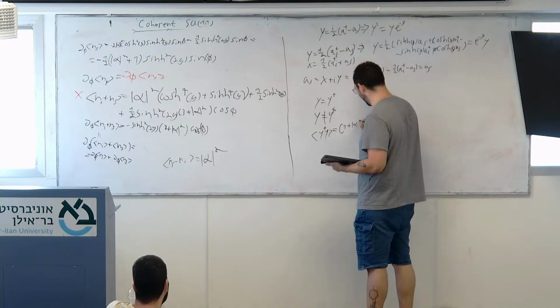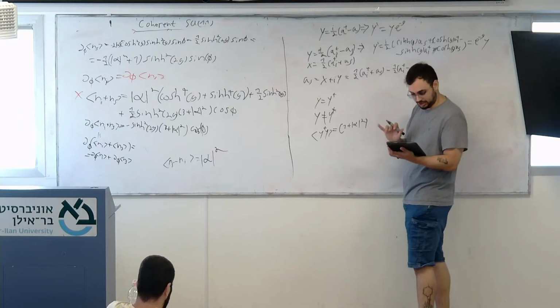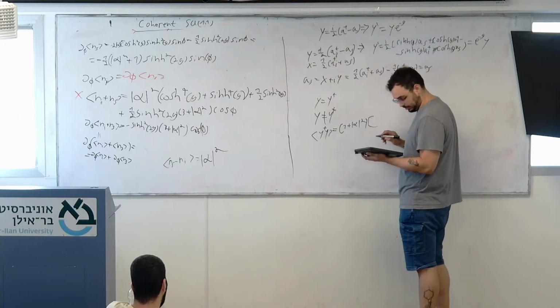1 plus absolute value alpha squared. The full calculation is in the notebook again. Don't worry. Just don't know whether I'll be able to upload it.